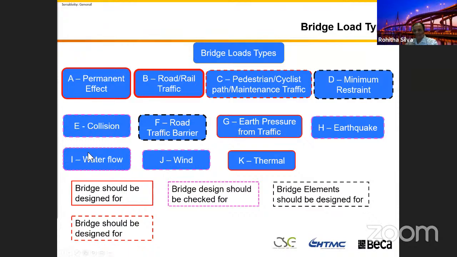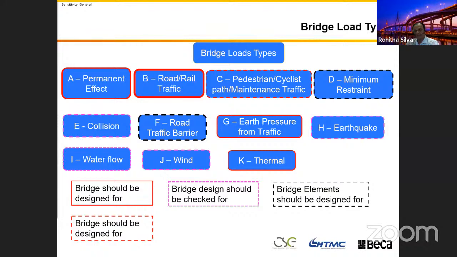So let's say there's a massive flood. With the flood, you get a significant scour on your bridge, right? During the flood time, you don't use the bridge. But after the flood is over, there's some significant scour around your foundation. So you don't have that 6-7 meter soil support anymore; the lateral support provided by the soil is not there.